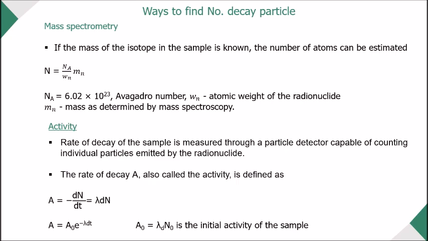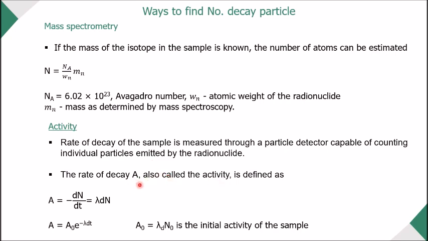In that, one method you can use is what is called activity calculation. The activity of a radioactive nuclear decay can be understood, and from that you can identify the number of particles. The rate of decay of the sample is measured through a particle detector capable of counting individual particles emitted by the radionuclide.